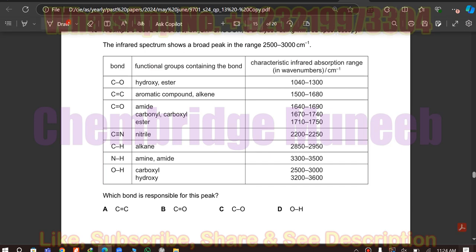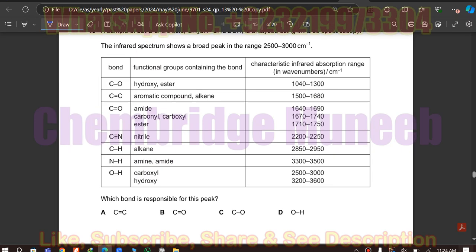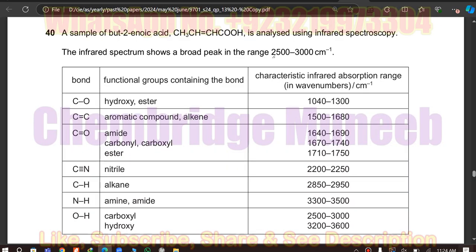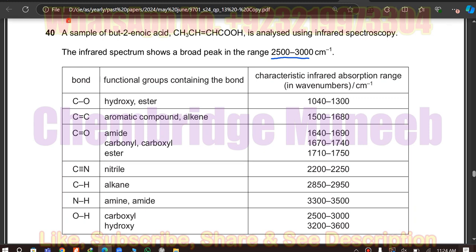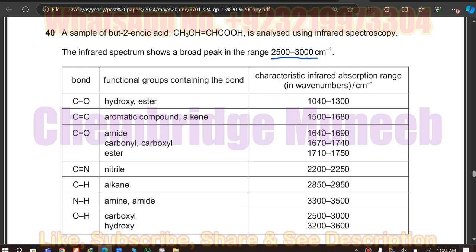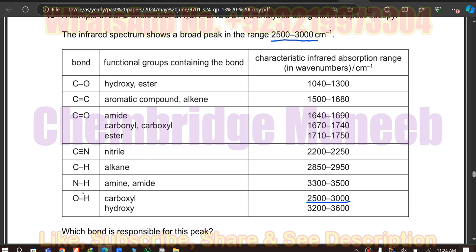Okay, so for this question we are given the peak in this range, 2500 to 3000 per cm, which means we have to match this value with the already given values in the table. If we check it, this value matches with this one, 2500 to 3000 per cm, and it is for the presence of the OH group.